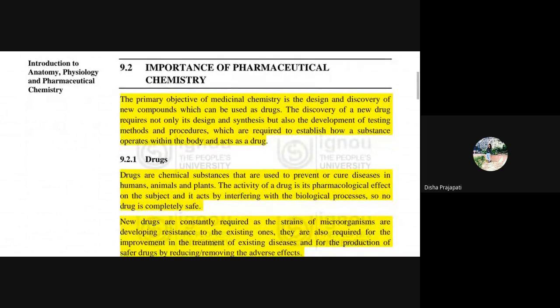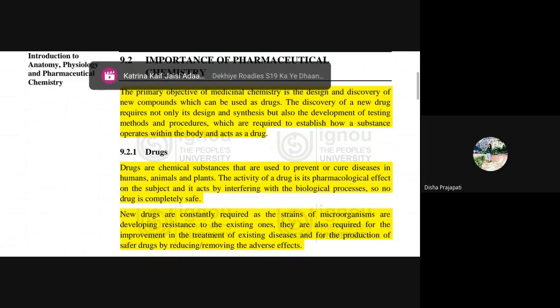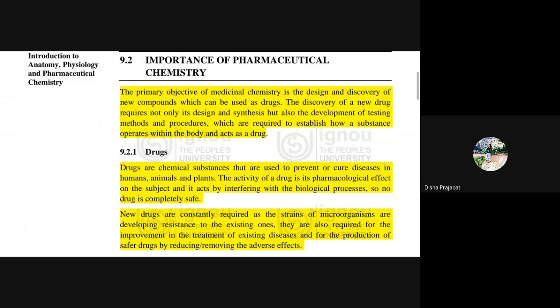What are drugs? Drugs are chemical substances that are used to prevent or cure diseases in humans, animals, and plants. The activity of a drug is its pharmacological effect on the subject and it acts by interfering with the biological process. So, no drug is completely safe in allopathic medicine.